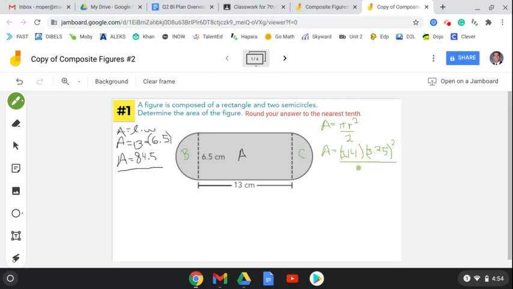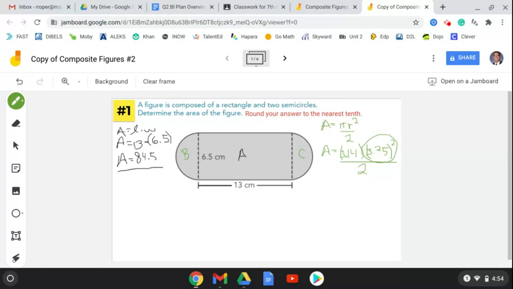And then remember, I divide by 2 because this is a semicircle. Remember, you have to square your radius first. So if I square the radius, I have 3.25 times 3.25, and I get 10.5625, right?